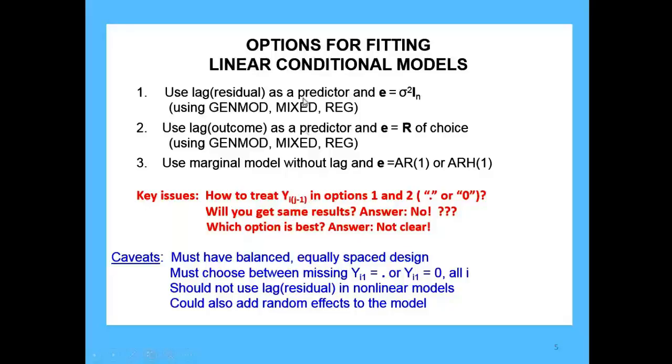But will you get the same results when you do these 3 things? And the answer is no, not necessarily. So which option is best? It's not clear. So there are 3 options. This is the reason why I put this off, because there are 3 alternative ways to do this, and they won't necessarily get the same answer. But you can do each one of these ways if you think about how to do it.